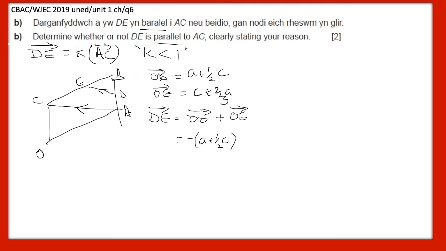Don't really need the bracket there, but I put it there just because I want to distribute the negative sign, plus C plus 2/3 of A.